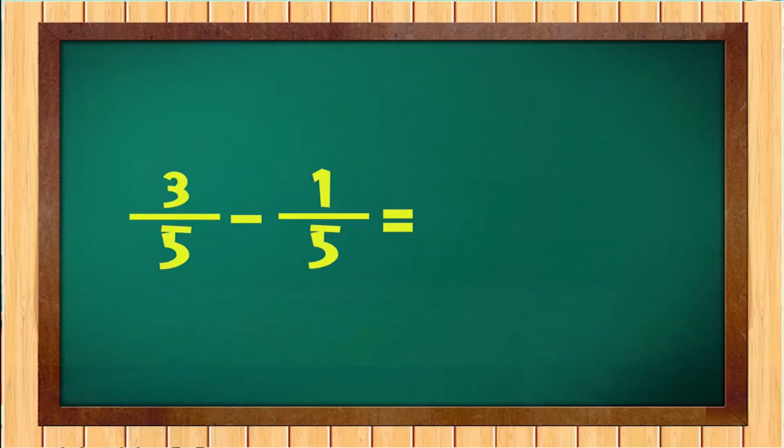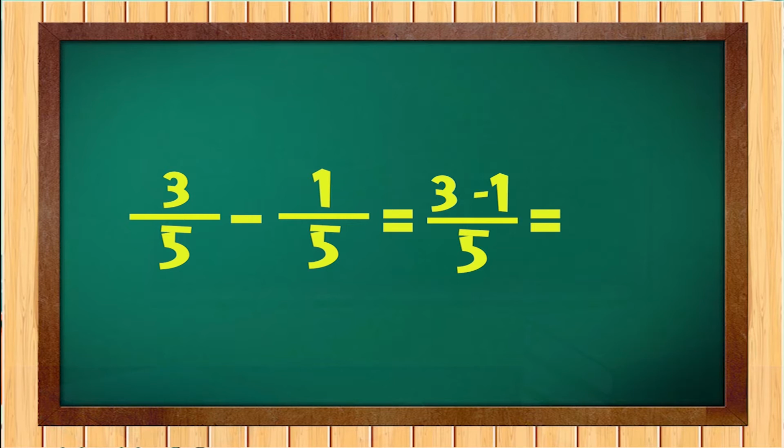3/5 take 1/5. Boys and girls, do you notice that both denominators are the same? So the only thing we will trouble is the numerators. In this case, the numerators are 3 and 1 respectively. So we write 3 take 1 over 5.